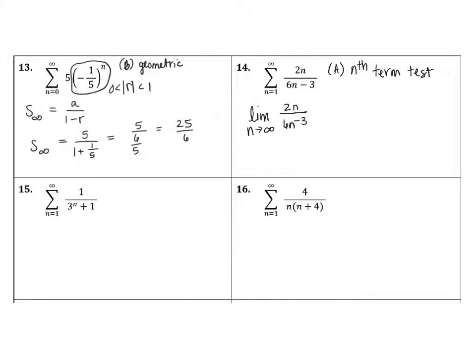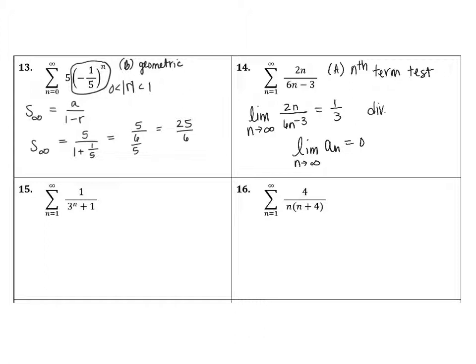Notice that if we look at this limit as n approaches infinity, we're going to get 1/3. So for our nth term test, the limit as n approaches infinity of any sequence we had has to equal 0. In this case, it doesn't, so this diverges.